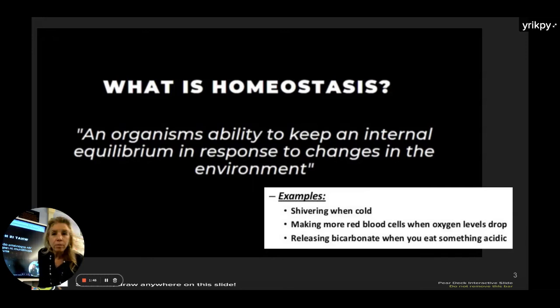One of them is more gets you more, and one of them is more gets you less. Okay, riddle me this. Which is which? What is more gets you more?